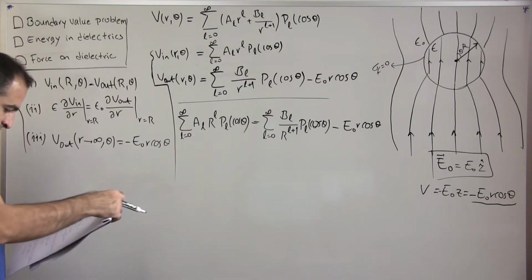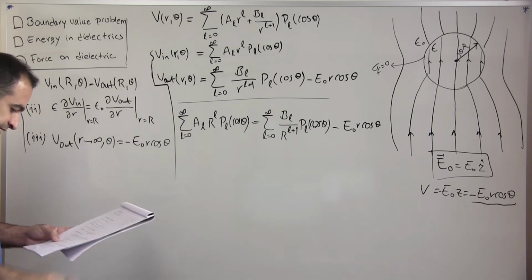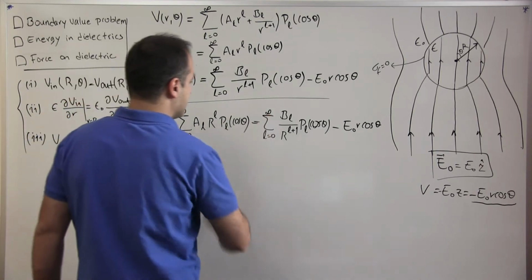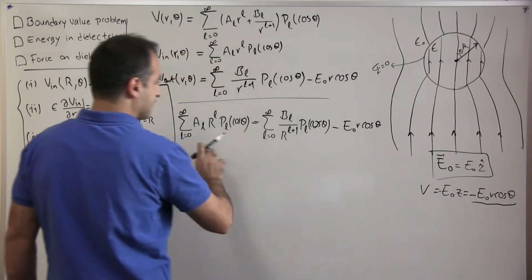Okay. So now if you look at this, we can relate AL and BL to each other through this equation.